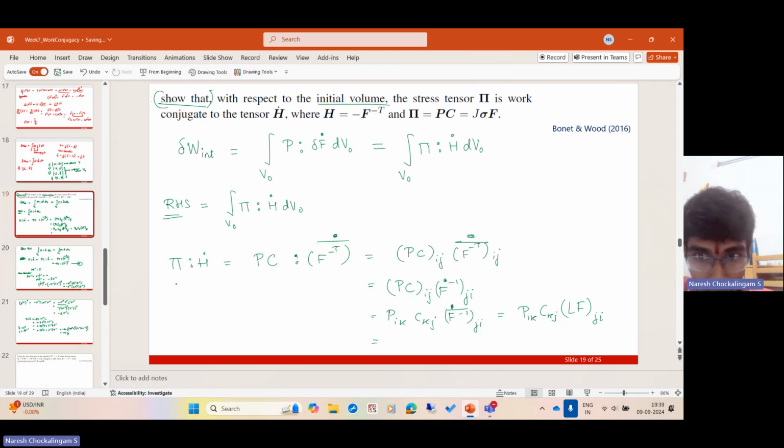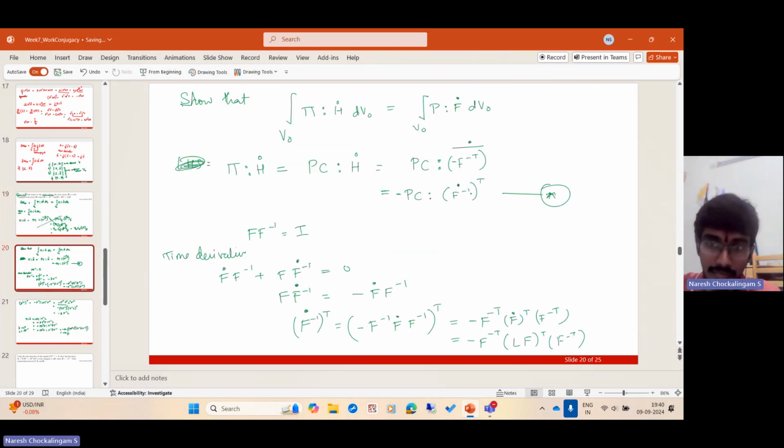F inverse transpose is this. So yeah, this you don't need to look at. F inverse transpose: it is F inverse transpose dot, and transpose can be swapped. So it is nothing but F inverse dot transpose. And we find an expression for F inverse dot from this expression.